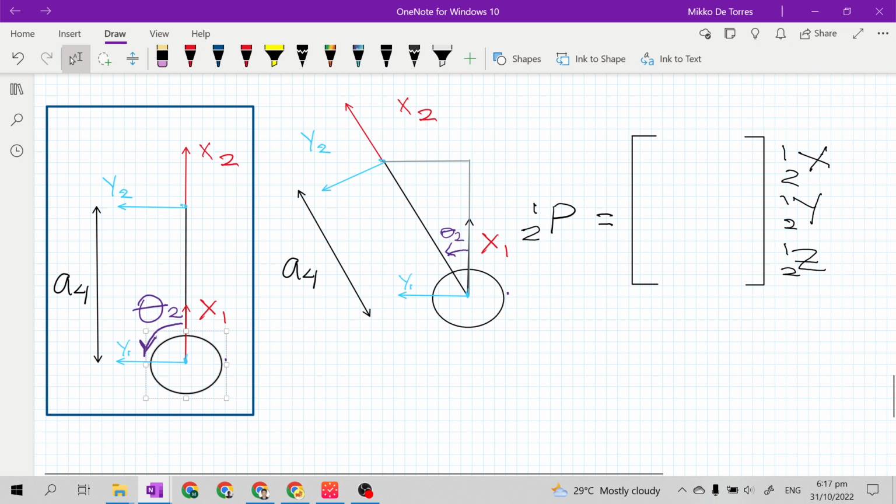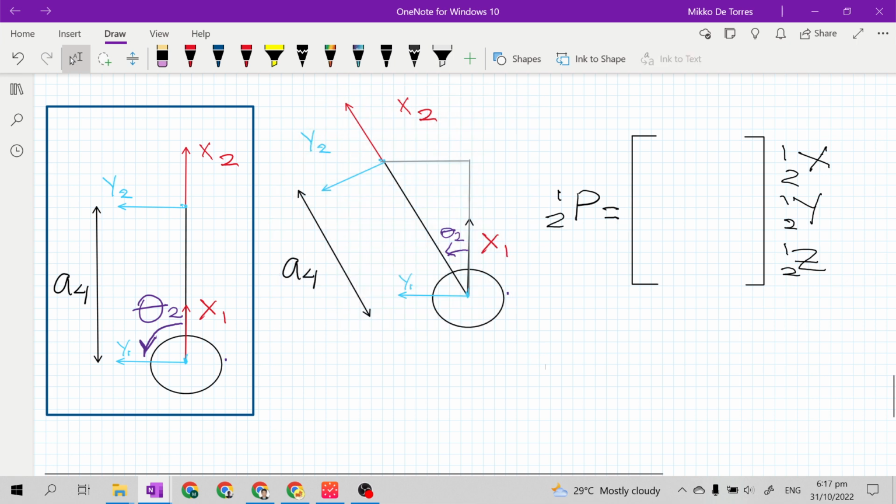The last frame is an end effector frame. That's why we don't see a joint at the last part of our mechanical manipulator. To get a right triangle, to use the principle of Sohcahtoa, we will rotate to the left. Why to the left? Because y sub 1 is positive to the left. So it will look like this.